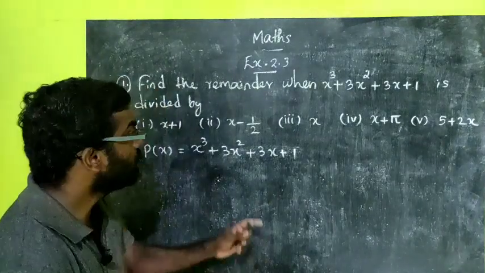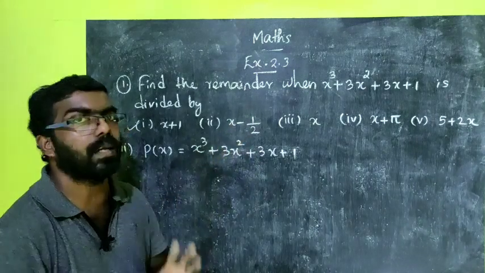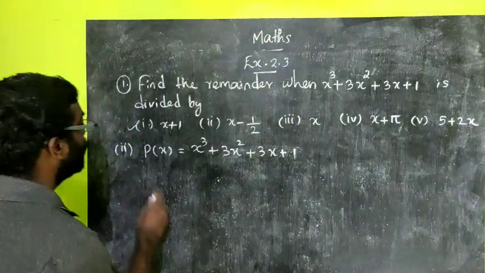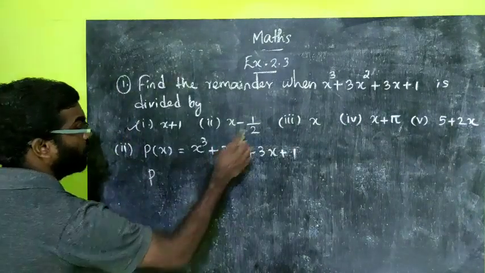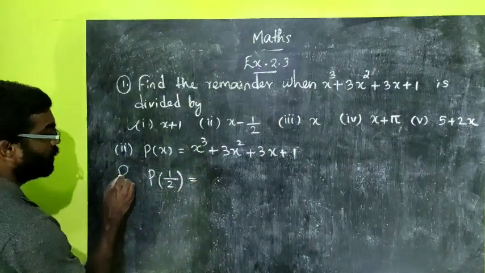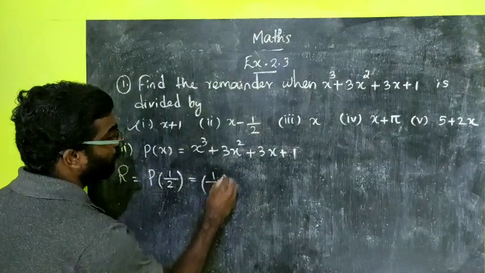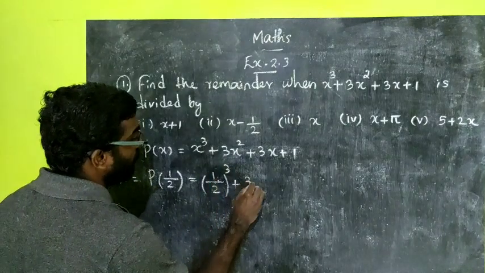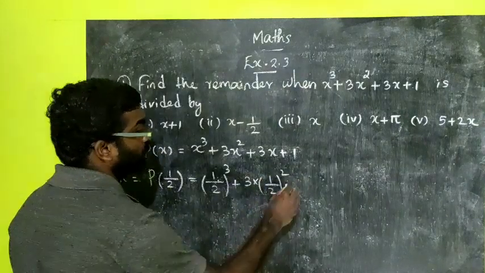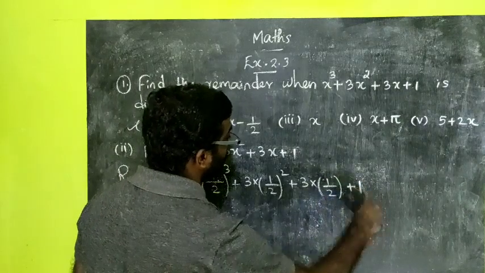Now the second question is x minus 1 by 2. So it's in the form x minus a, and the remainder is what? P of a. So p of 1 by 2, that means the remainder is equal to p of 1 by 2, which is equal to 1 by 2 the whole cube, then plus 3 into 1 by 2 the whole square, then plus 3 into 1 by 2 plus 1.